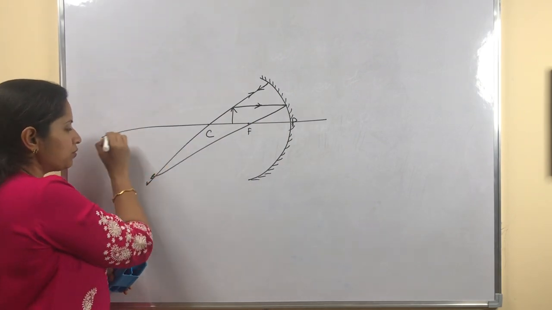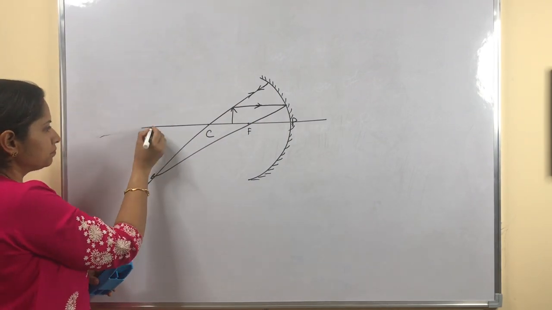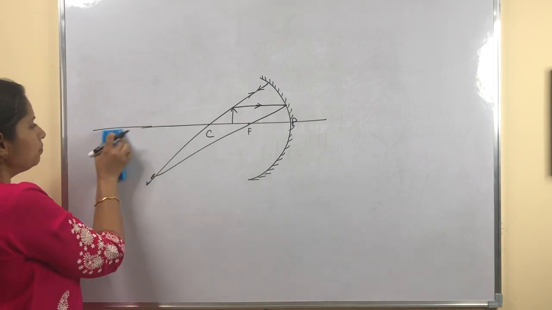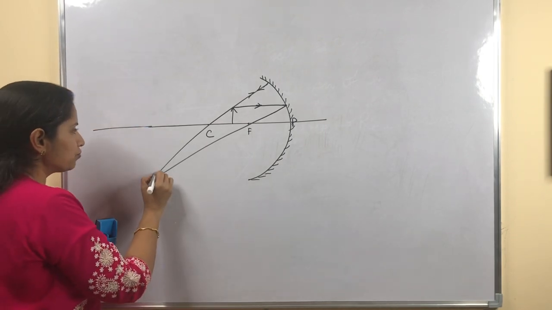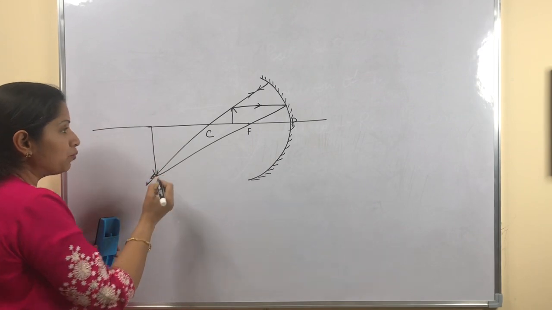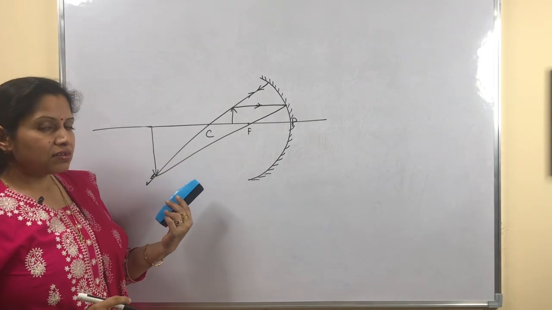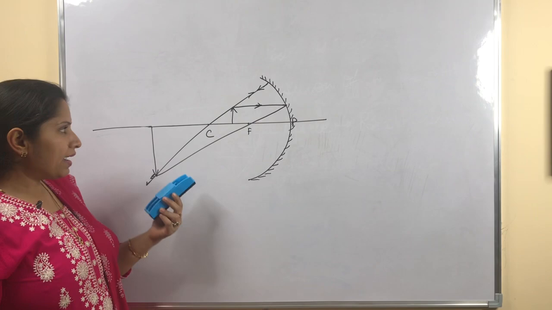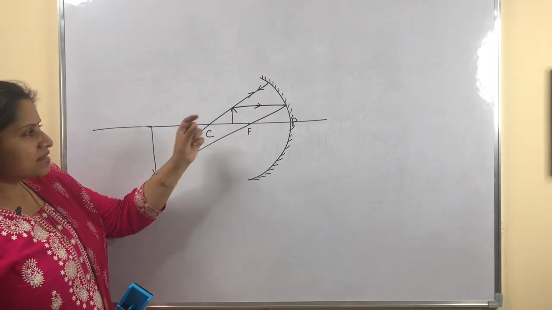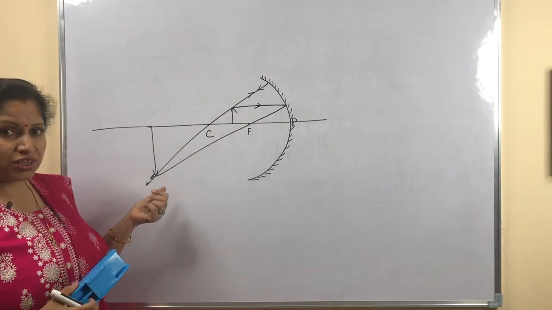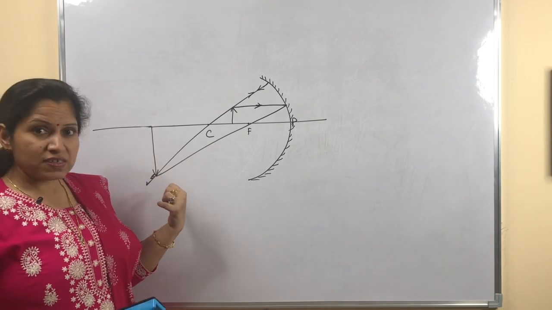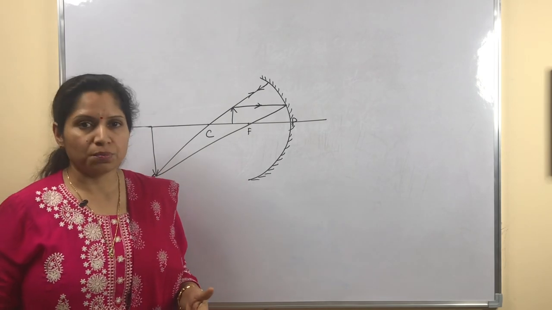So where will the image be formed? The image will be formed beyond the center of curvature. And what sort of image is it? Real, inverted and enlarged. You can see the size of the object and the size of the image. You can compare that. So the image is much bigger as compared to the object.